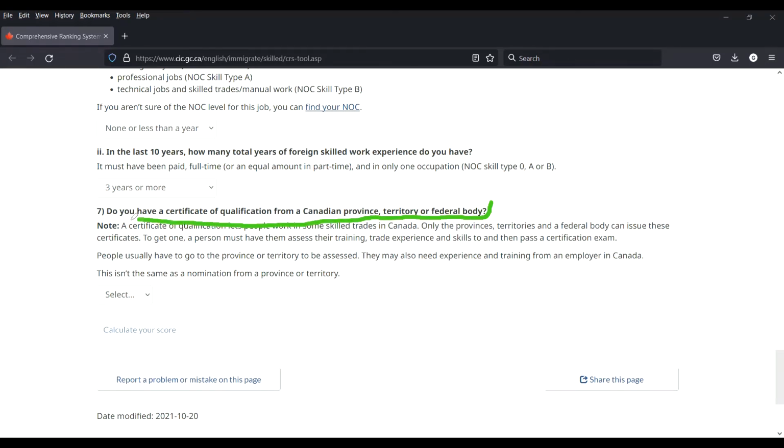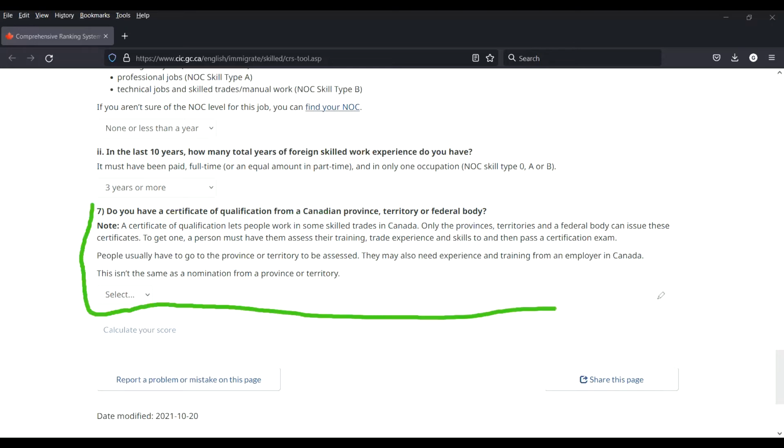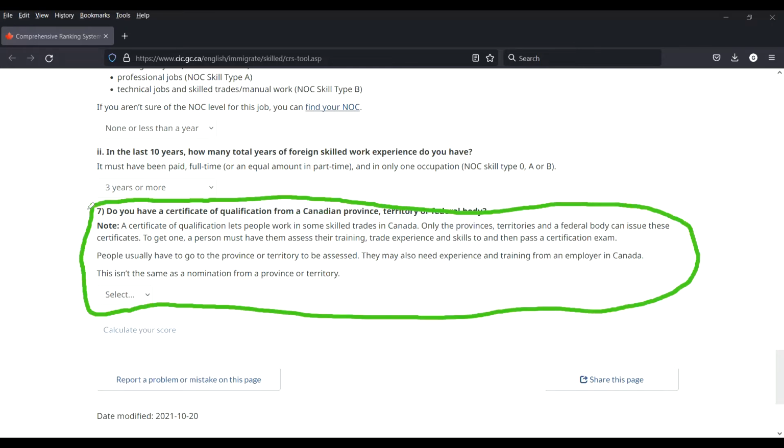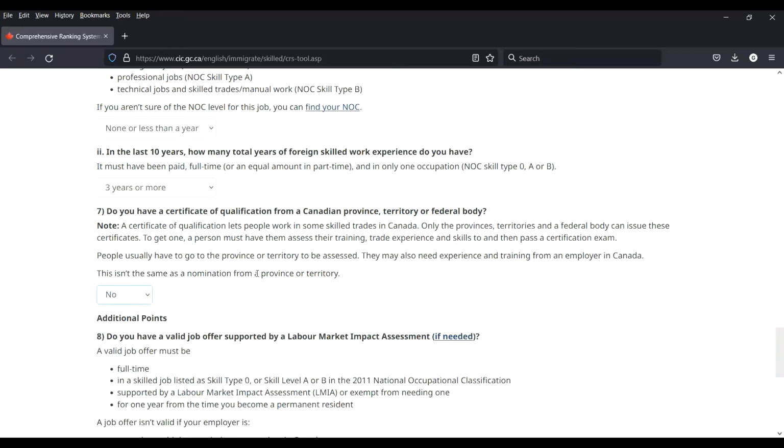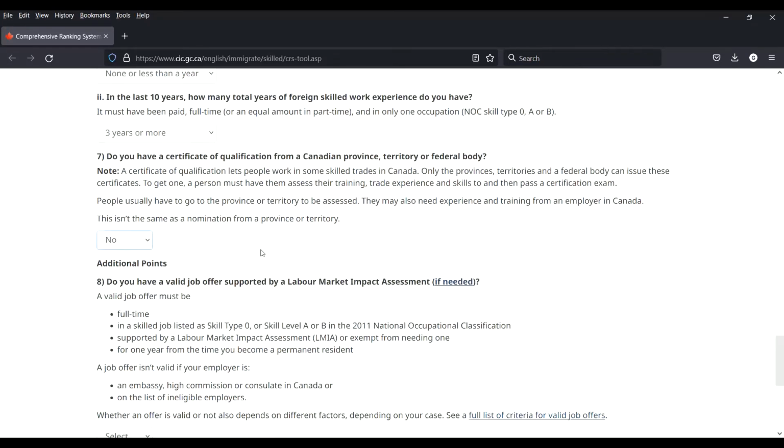I am going to do a video that will talk about PNP. So if you have been nominated by any province in Canada, you can select yes, but in this case, we pick no because this candidate does not have a provincial nomination yet.